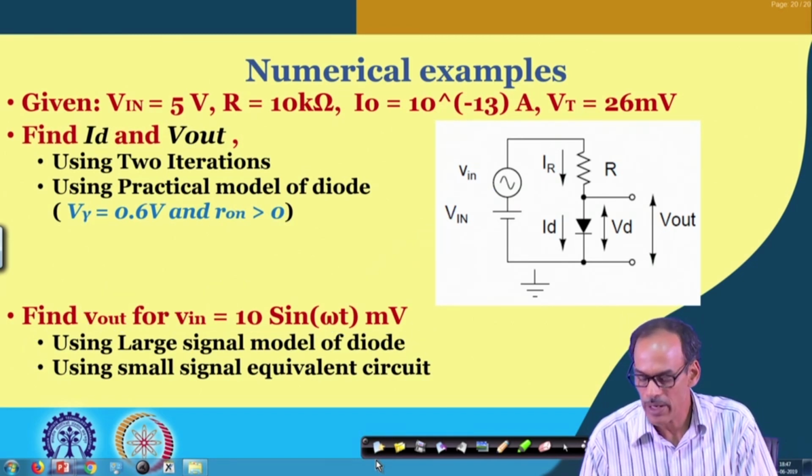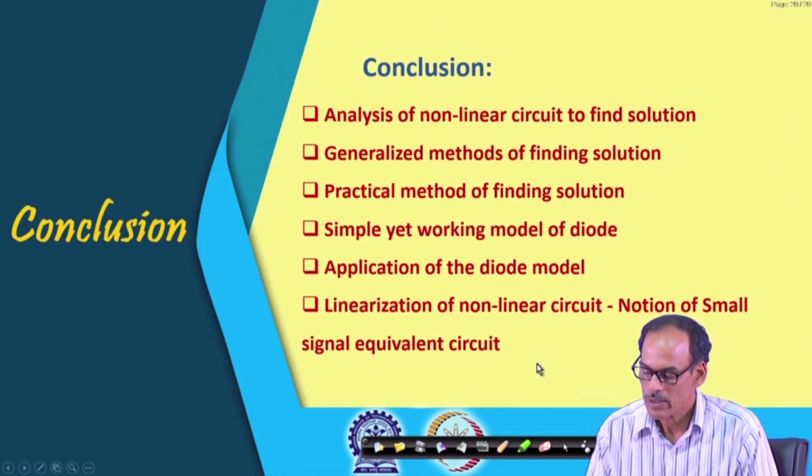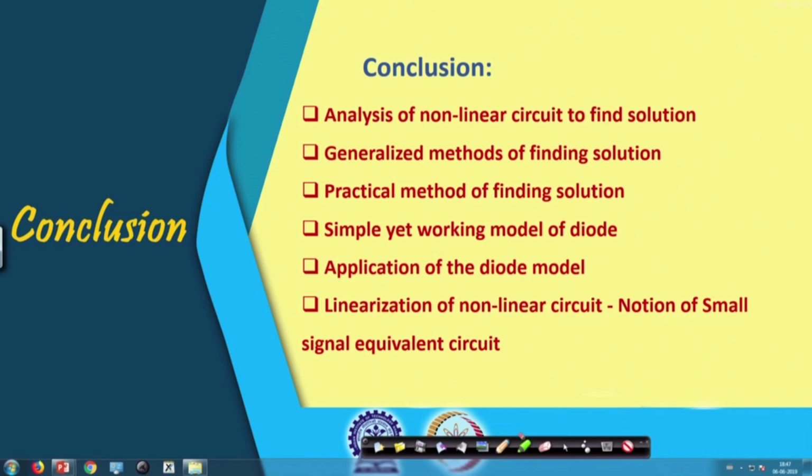So, in this part of our discussion, what we have covered is that we have analyzed a nonlinear circuit, a diode circuit, as an example to find its solution. We have discussed two generalized methods. Both of them are essentially the same. One is the pictorial representation, where we discussed how to rearrange the pull up characteristic to get it in a form suitable for combining with the pull down part, and then the iterative method of finding the solution.